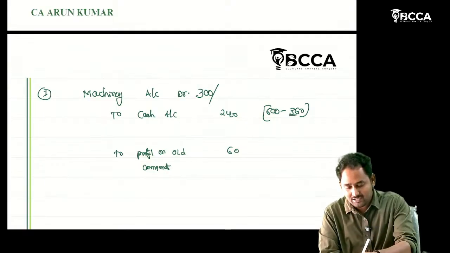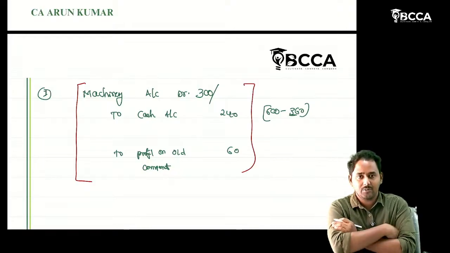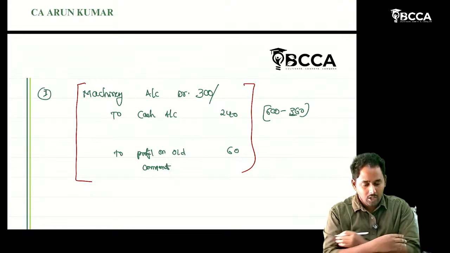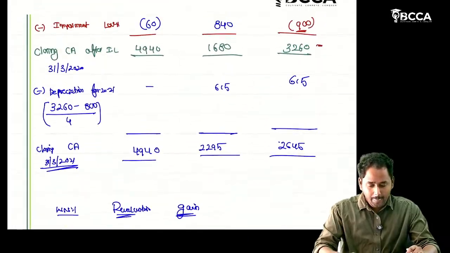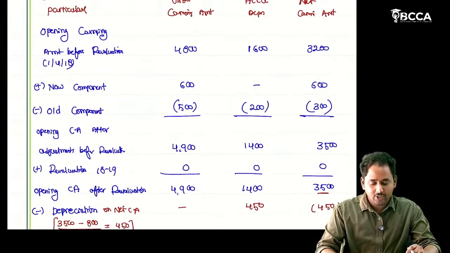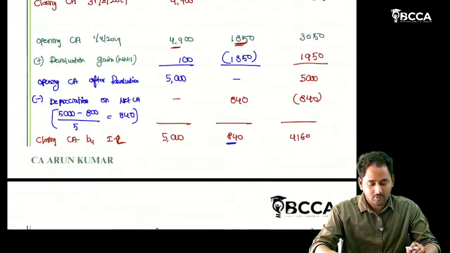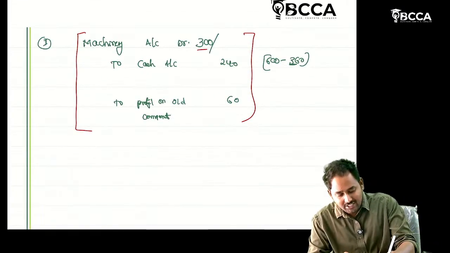Then you can get this journal entry. Maybe in the answer this journal entry may be reflected: machinery account debit, cash account credit, profit on old component. Of course, generally they provide the journal entry by taking accumulated depreciation into consideration also. Now, how is this 300 coming?